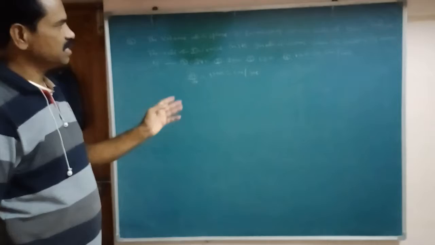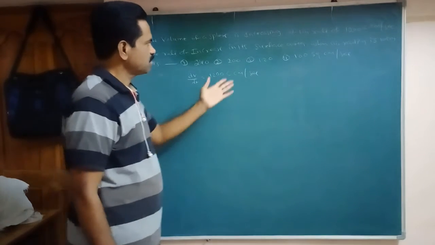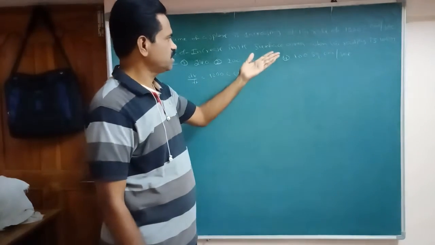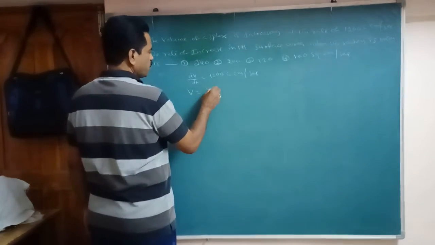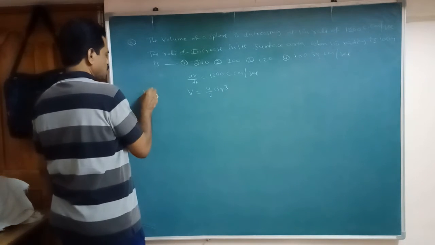We have two parts: the first part is the volume of the sphere and the second part is the surface area. The radius is given as 10 centimeters.